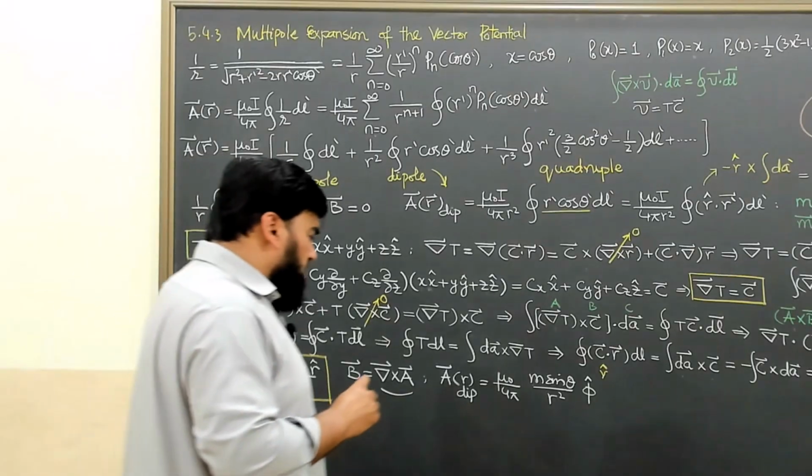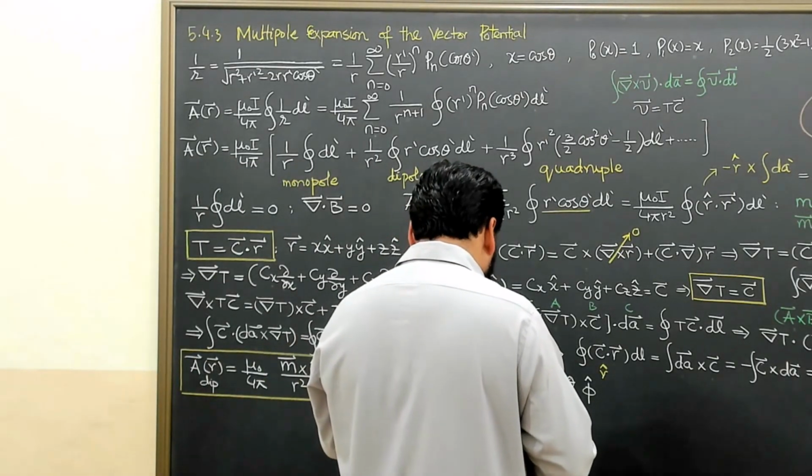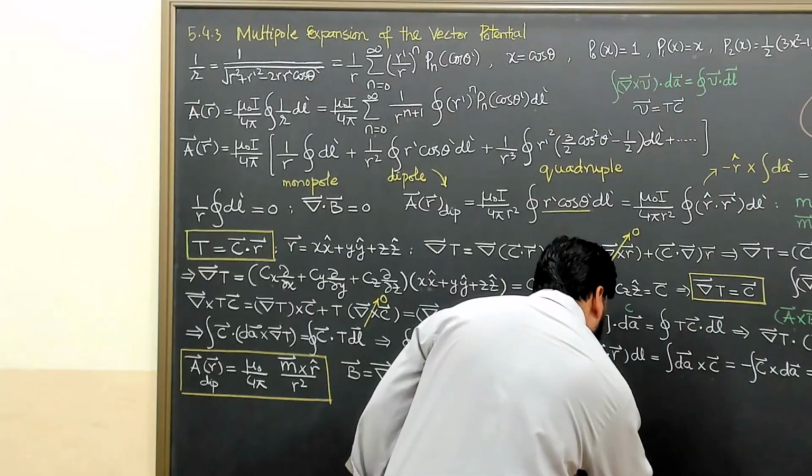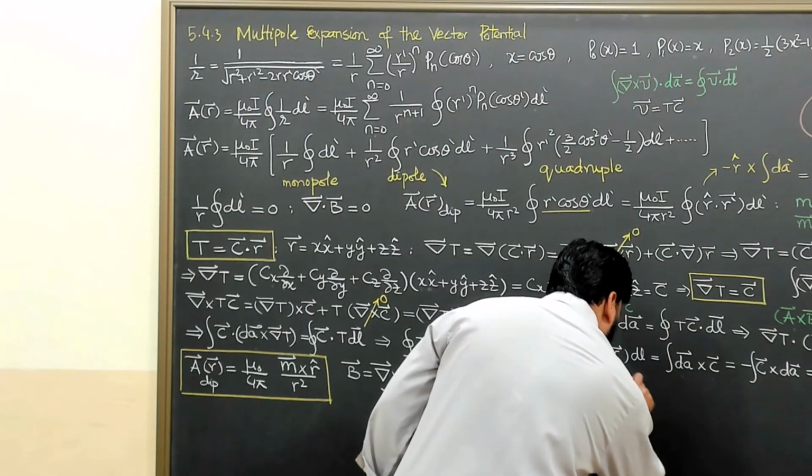Starting from del cross A, what about del cross A?